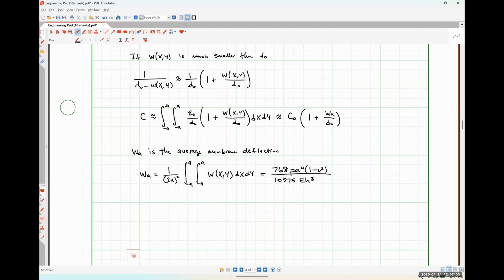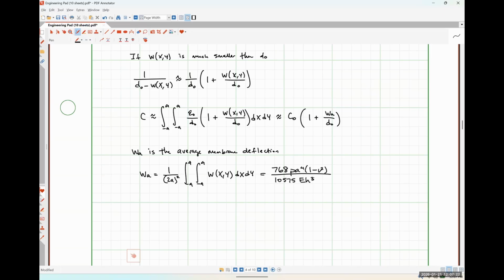For a circular membrane, all of this stuff up here is essentially the same, because this result is just the nominal capacitance times 1 plus average deflection over d naught.